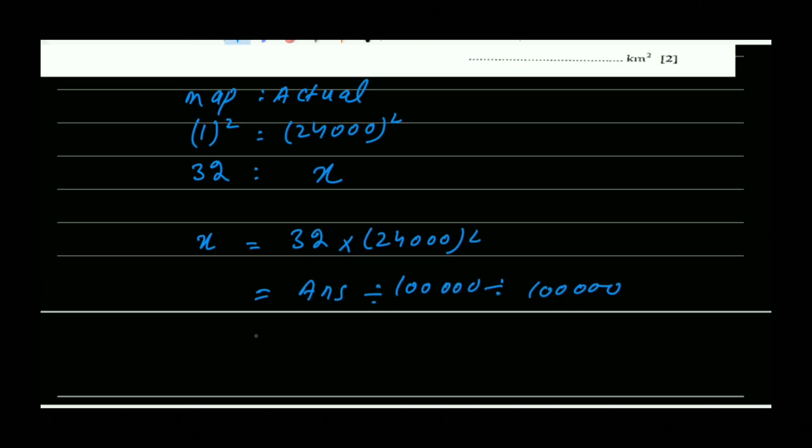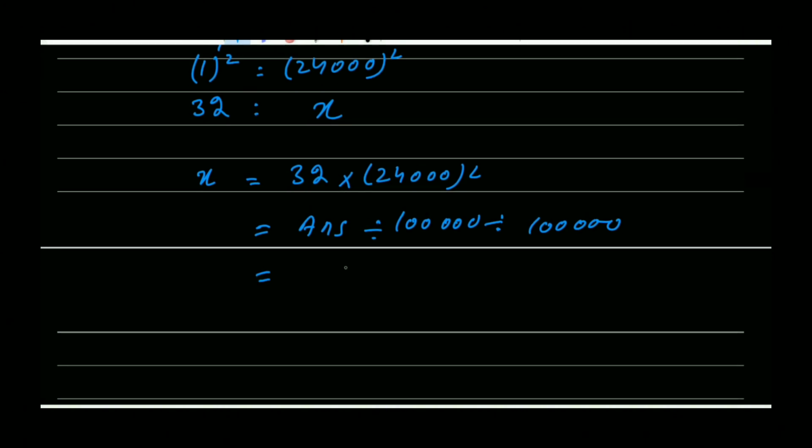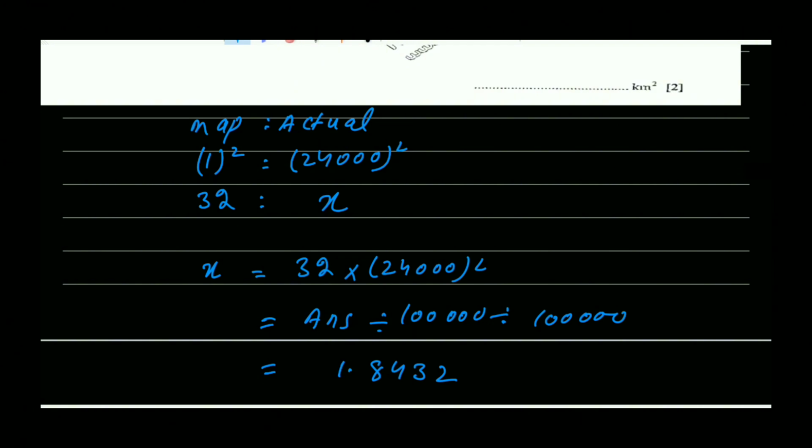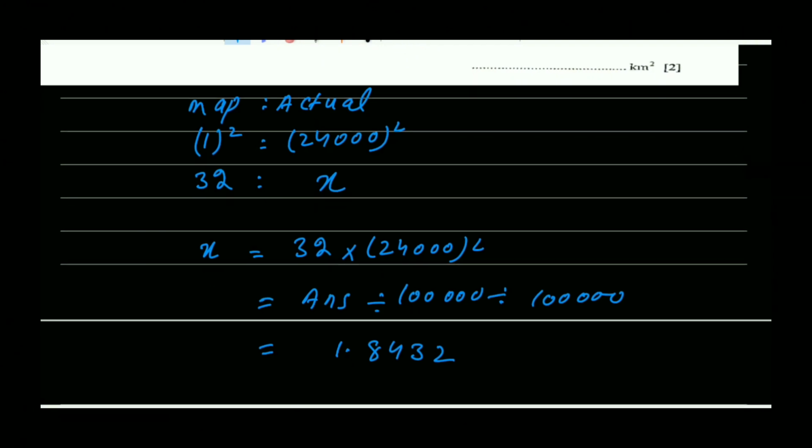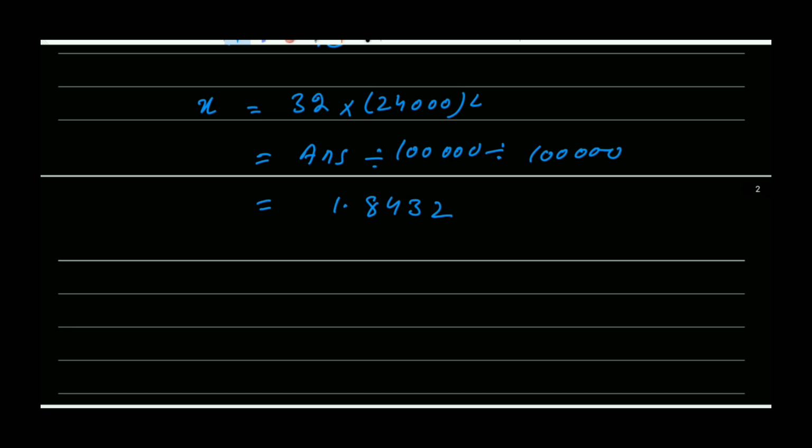So we will divide it with 100,000 two times, and if we put it in calculator, our final answer will be 1.8432. So this is the way how we will solve this type of past paper questions. I will solve one or two more questions.